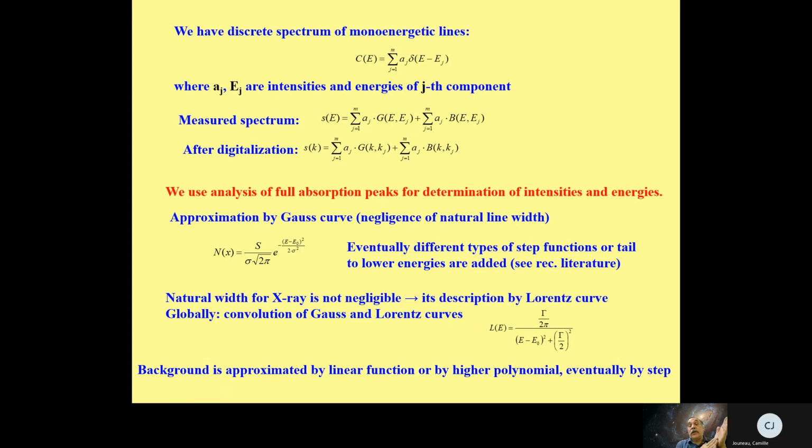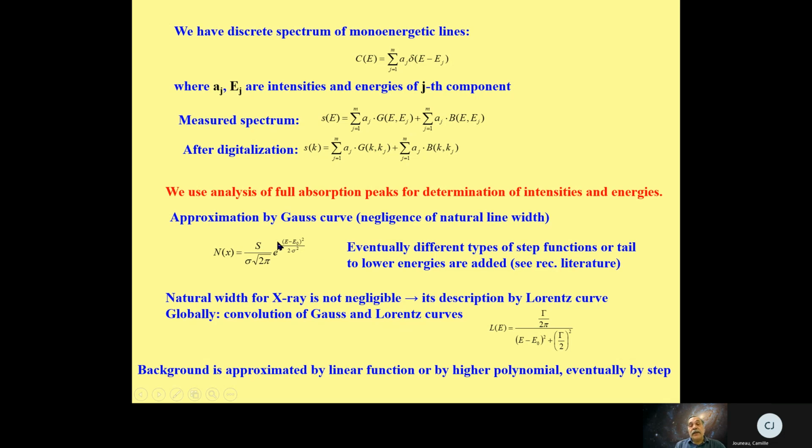It's necessary to say that this lifetime is relatively long, and that means this uncertainty of energy, which is given by the Heisenberg uncertainty principle, is very, very small. Here this is the Gaussian which is possible to use for description of this curve.